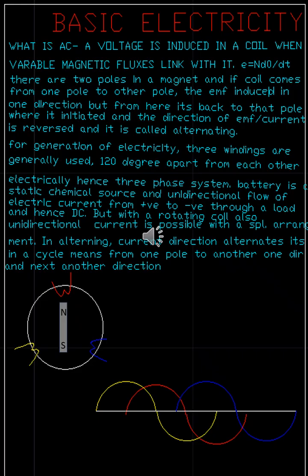Now, after the power supply, we know we need an isolation system as well as we have to connect some load. We know electricity without resistance, without impedance, will reach infinity. Huge, enormous current will flow.